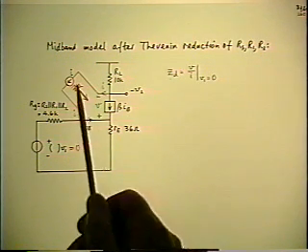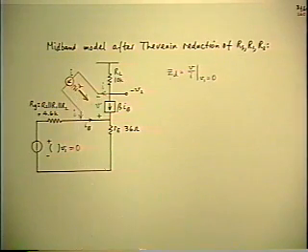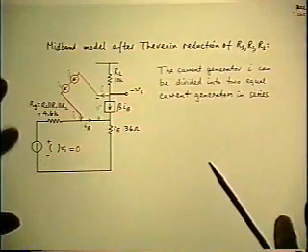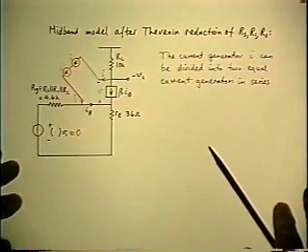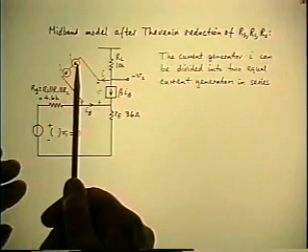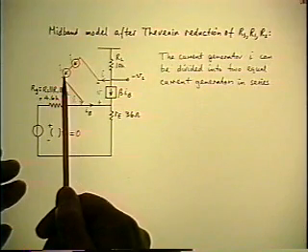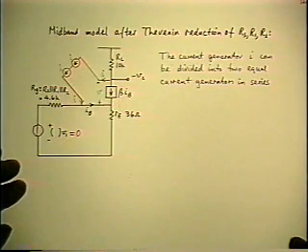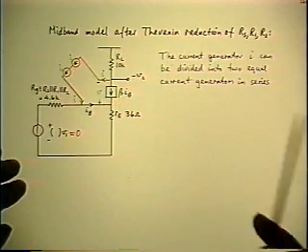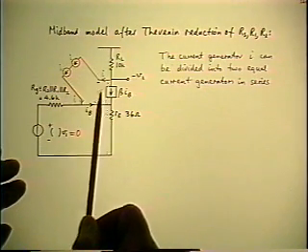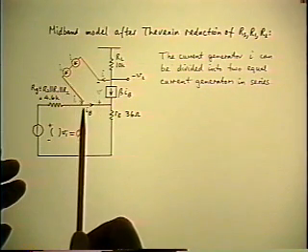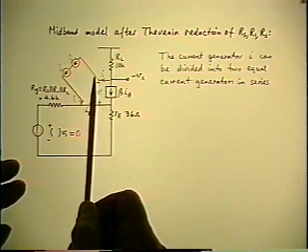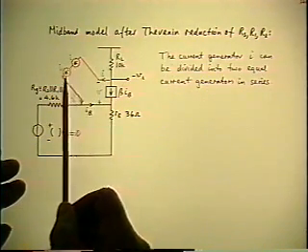First thing you do is replace this current generator by two current generators in series having the same value. I labeled both of these generators I. Now, nothing is any different in the overall circuit, because as far as the circuit's concerned, a current I is being pumped into the base node, and the same current I is being sucked out of the collector node, and it just goes from one current generator to the other.